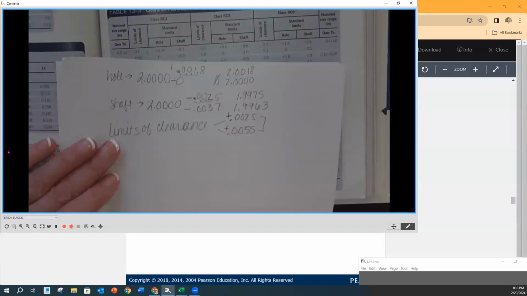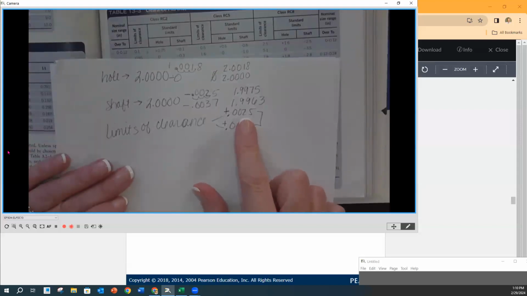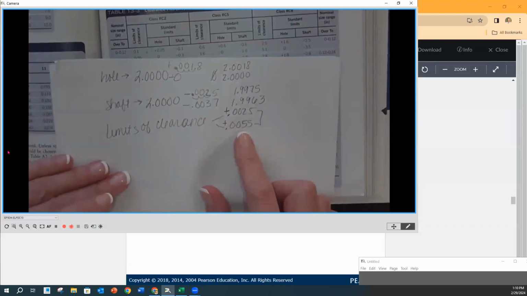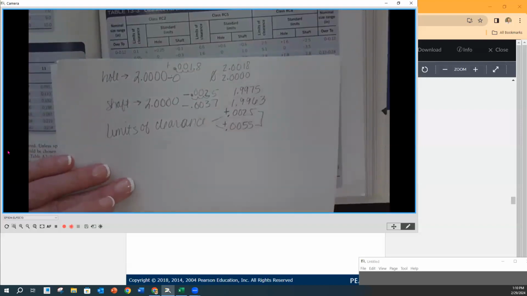But here, I always have at least 2.5 thousandths, or as much as 5.5 thousandths. That's still not big. That's a little bit of wiggle room that we have in there, because not only do you have to hold that for that size at that point, but you've also got to hold it over a length of a bore and a shaft section, which can get a little dicey depending.